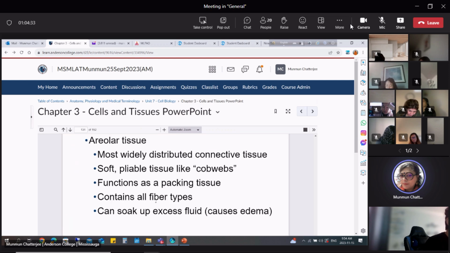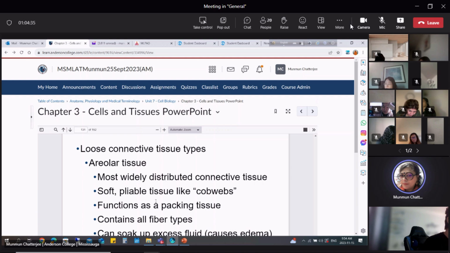Okay. What is the loose connective tissue? We learned about the dense connective tissue. Now we have the loose connective tissue. All connective tissue is responsible for connection, right? So we have the loose connective tissue, areolar tissue. This is the most widely distributed connective tissue.